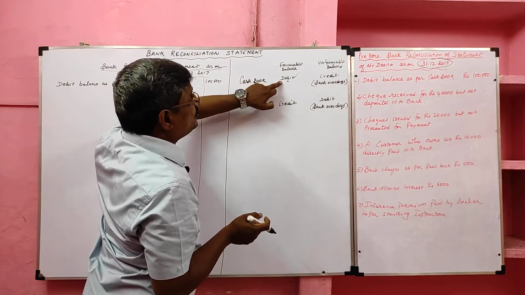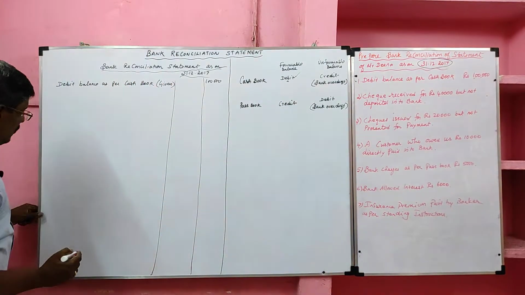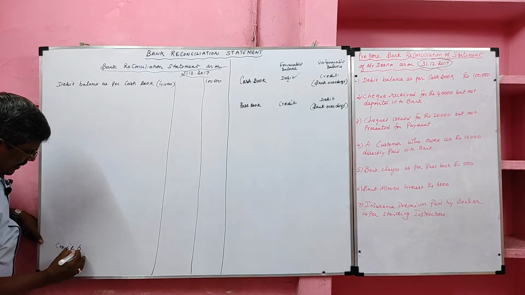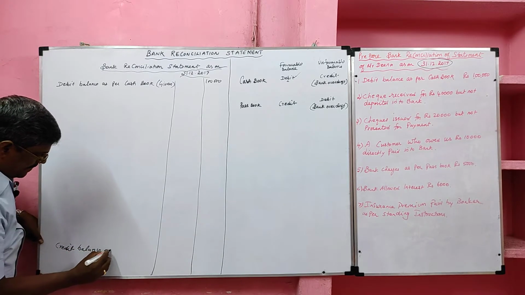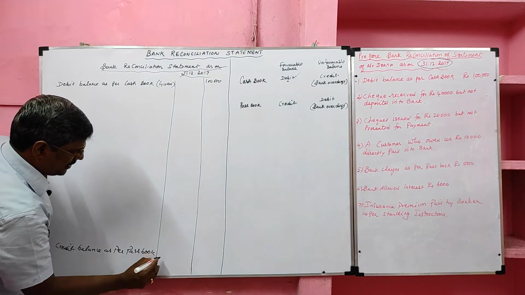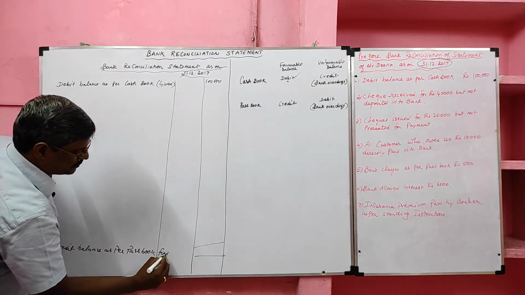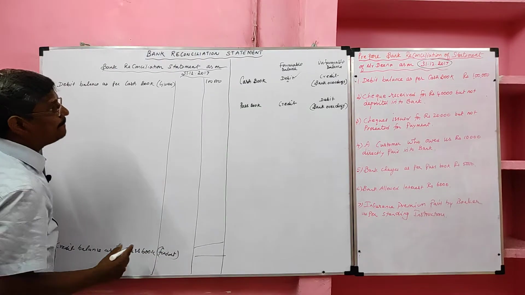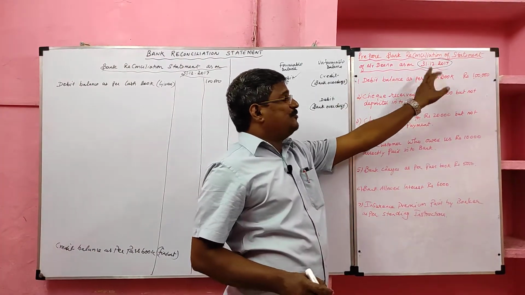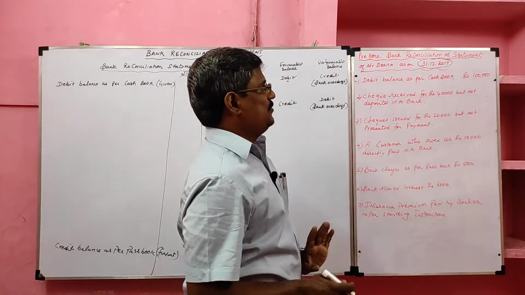We have to find the credit balance as per passbook. This we have to find out. Once again, in this problem, debit balance as per cash book is given, and we have to find credit balance as per passbook.